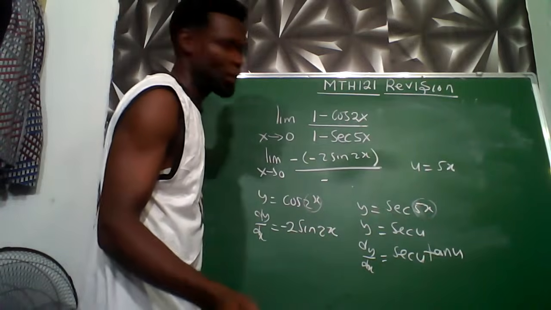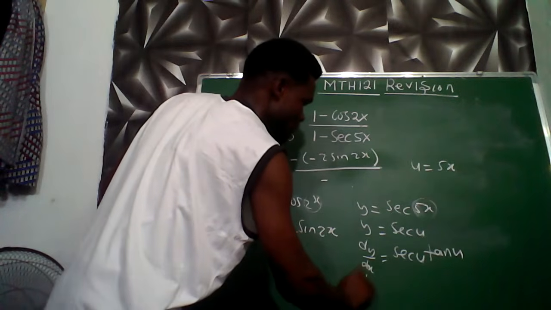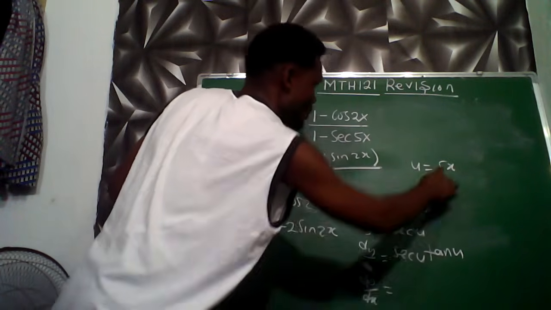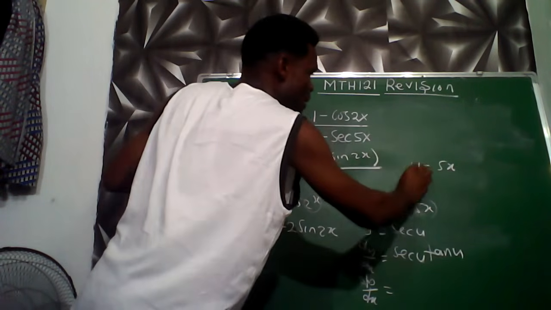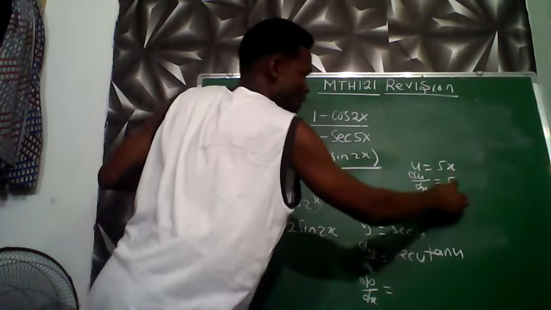So if that happens, that means that dy over dx is equal to sec. Look at it. Remember, if u is equal to this, that means that du over dx is equal to 5. The derivative of 5x is 5.